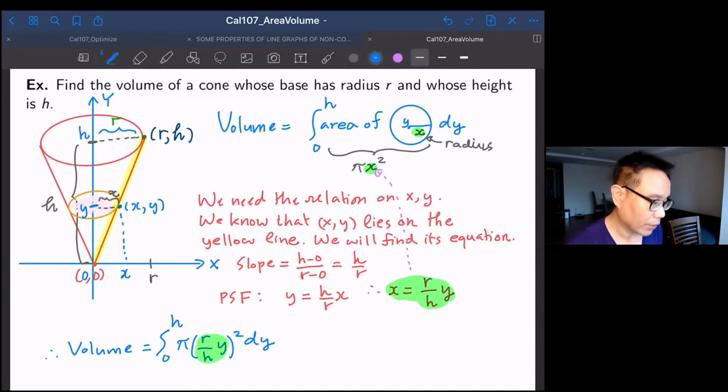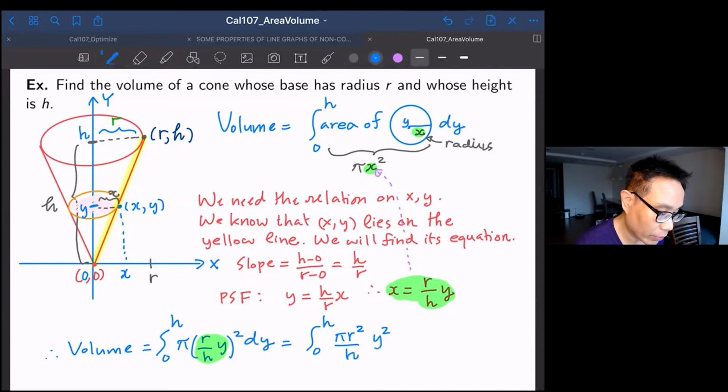Then you're going to integrate: from 0 to h of pi r squared over h squared times y squared dy. I forgot the squared on the h down here.